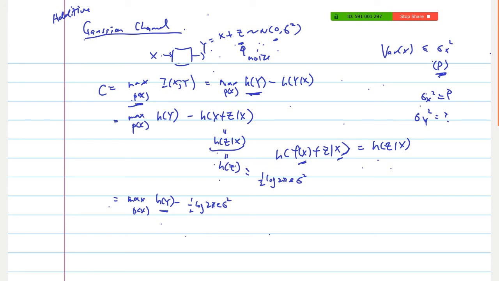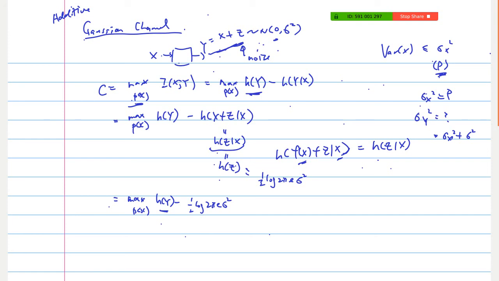Given that Y is equal to X plus Z here, sigma y squared is sigma x squared plus sigma squared, because we assume they are independent.